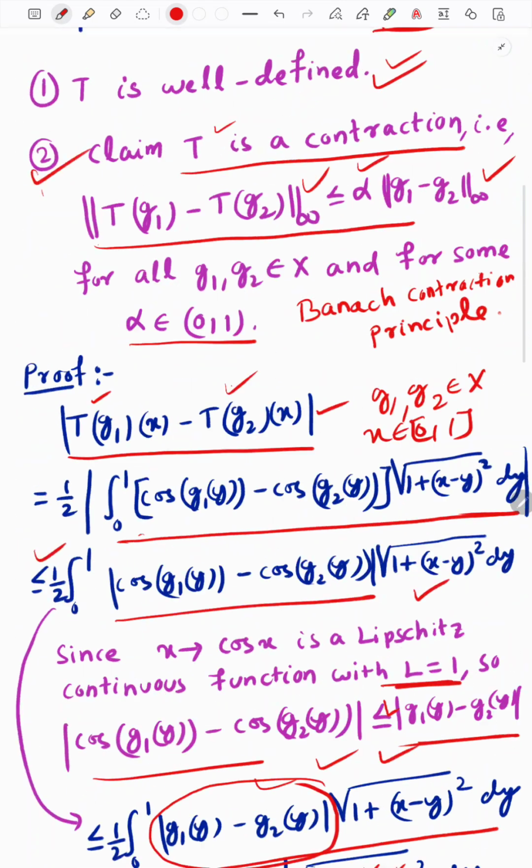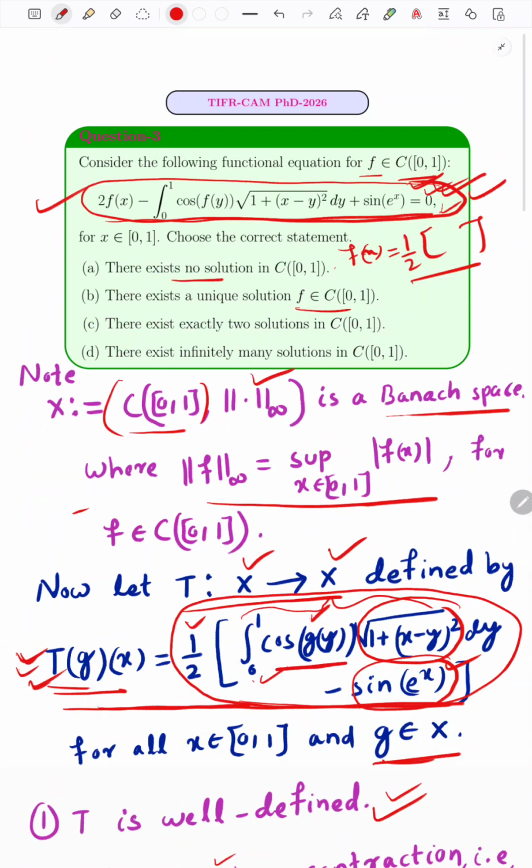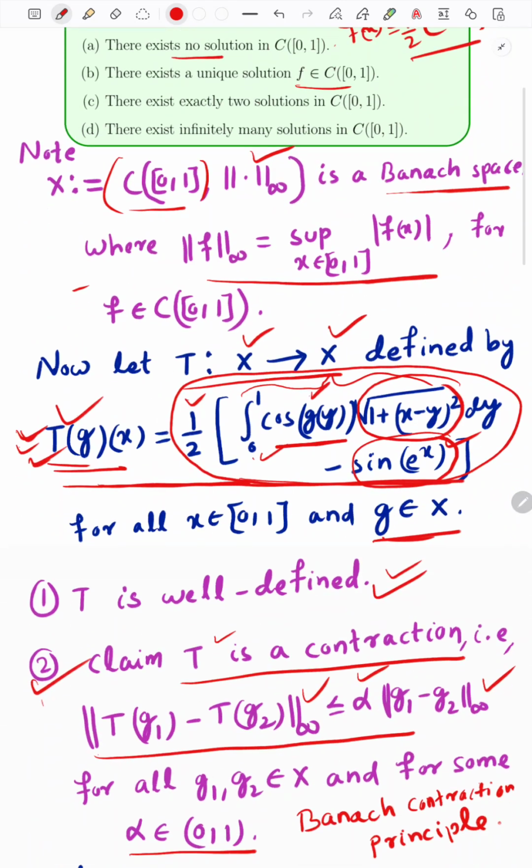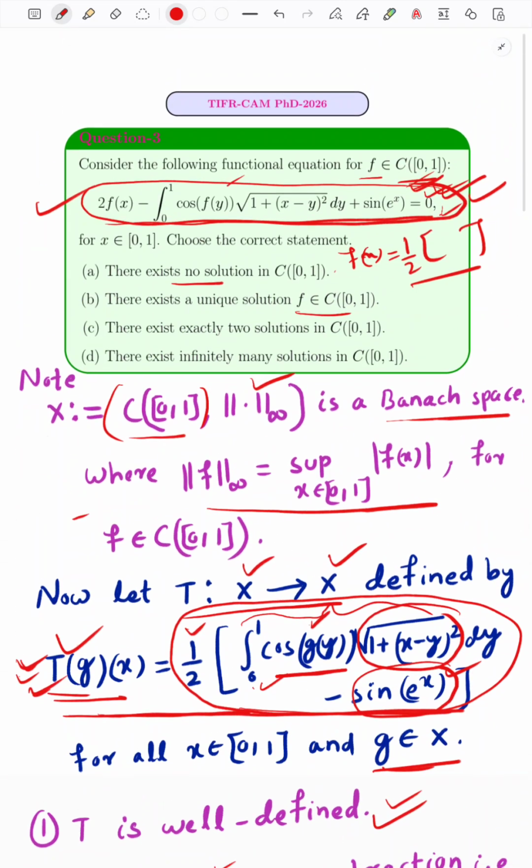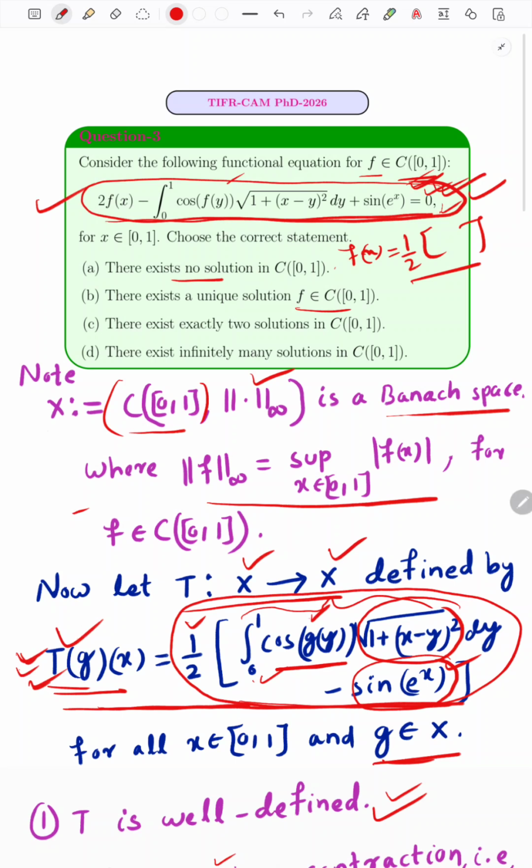Okay, but we know that the number of fixed points of this operator T is equal to the number of solutions. Since this operator T has only one fixed point, this equation should have only one solution. Existence is established, and this operator has a fixed point, so this equation also has a solution, and that solution is unique.